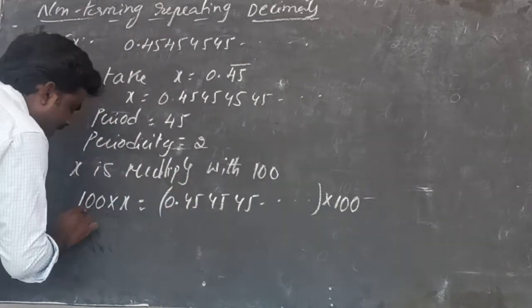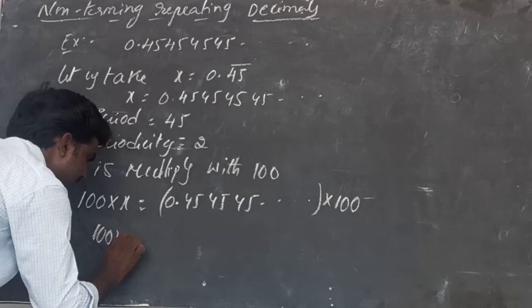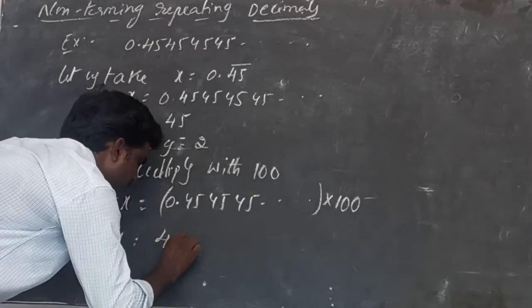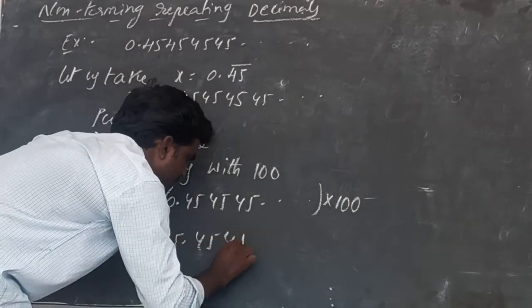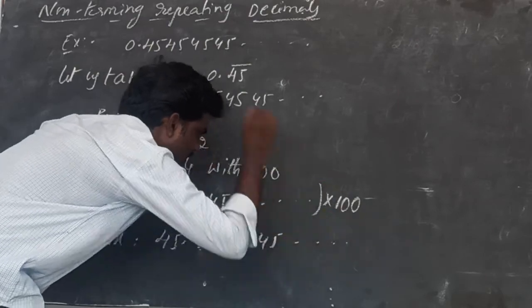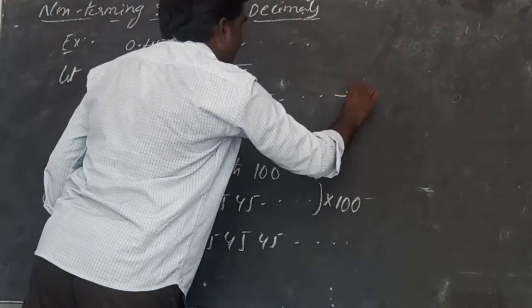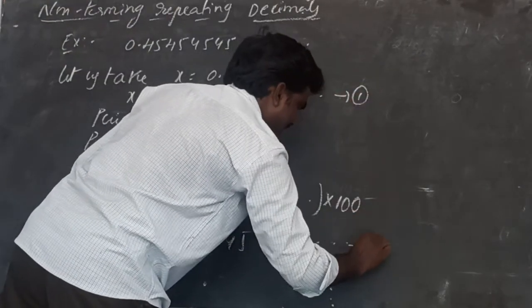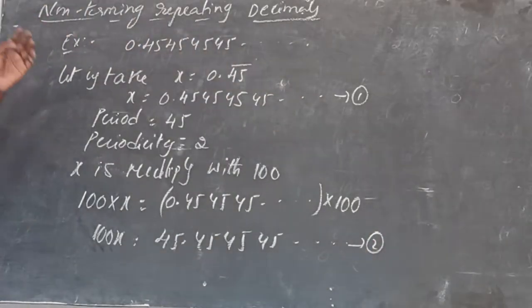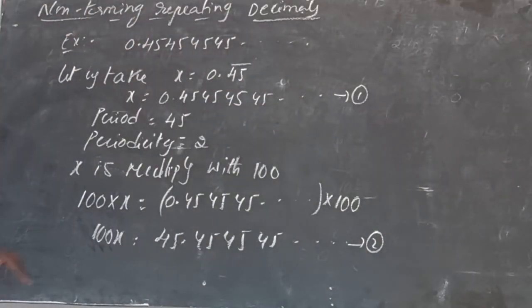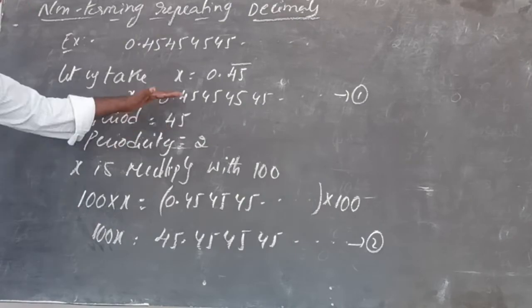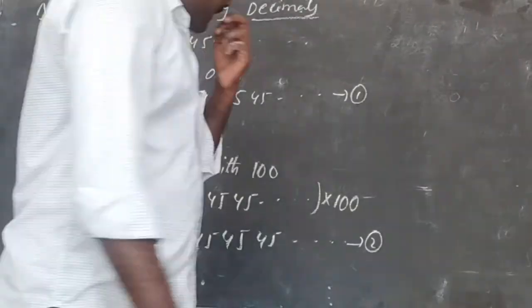So 100x is equal to 45.45454545 and so on. In the first and second numbers, which is the greatest? The second number. Which is the smallest? The first number.